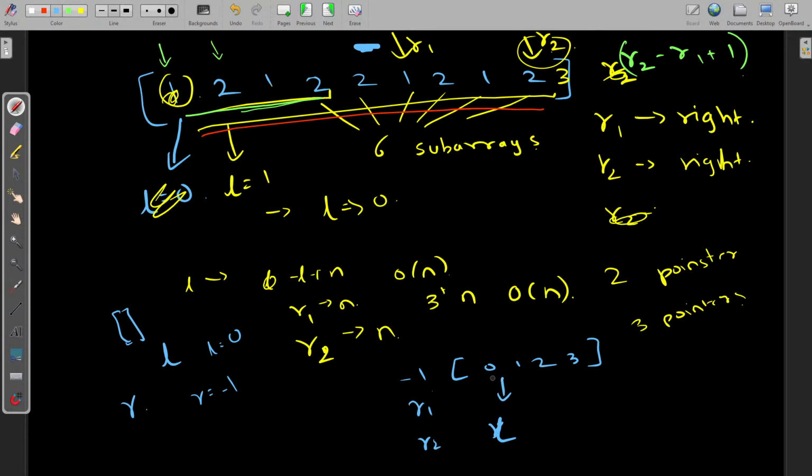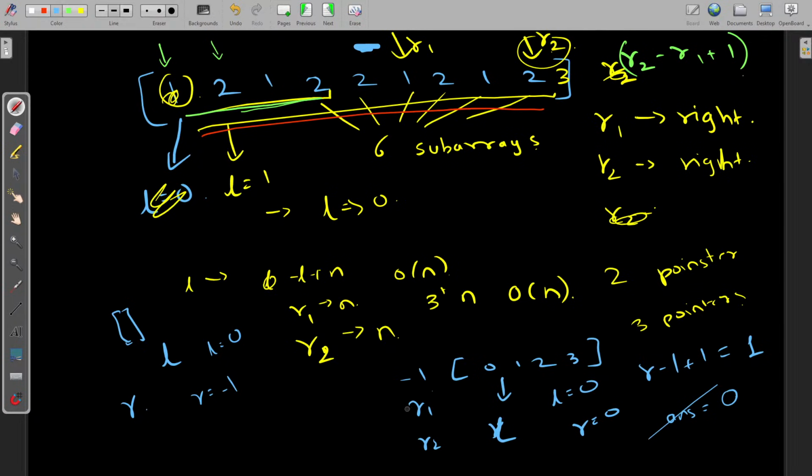There is no actual subarray which satisfies this condition. So if you start with L equals 0 and R equals 0 as well, then if you do R minus L plus 1, it will give you 1. And if you add it to your answer, you might have added something extra which was not needed.